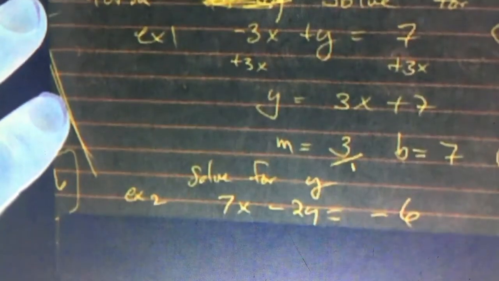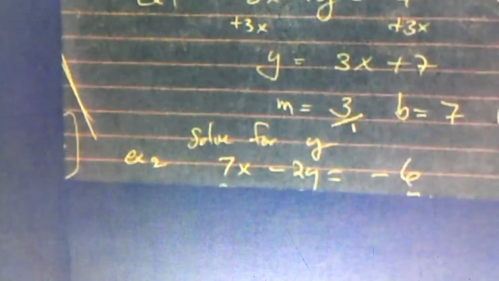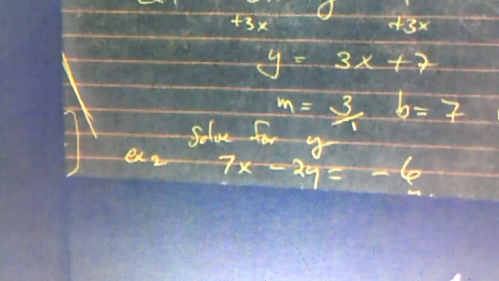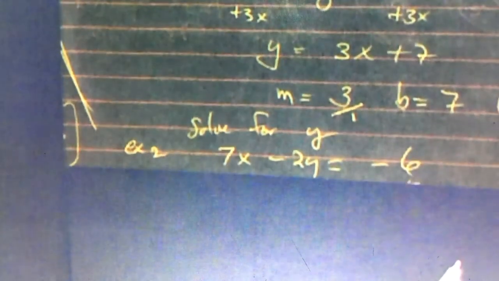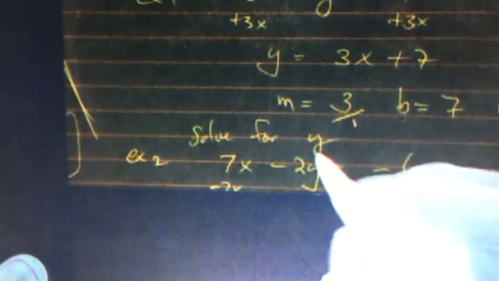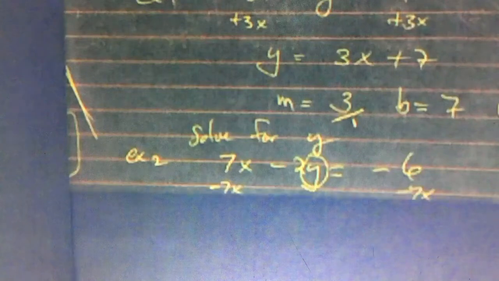Now, moving right along, let's look at another example. We've got minus 7x minus 2y equals 6. That happens to be, as you're going to see in a moment, the standard form of an equation. Well, okay, what do we do? As we just said, we are going to solve for y. In order to see what we're talking about, we're going to circle that y. That's going to be the star of the show.